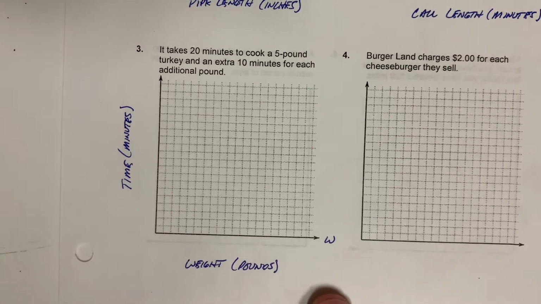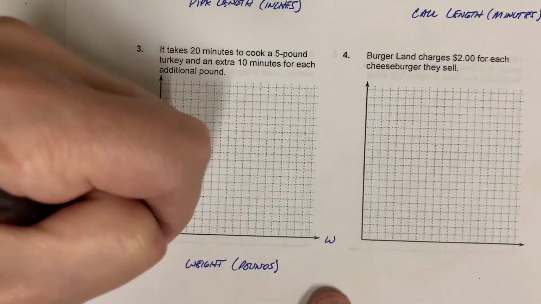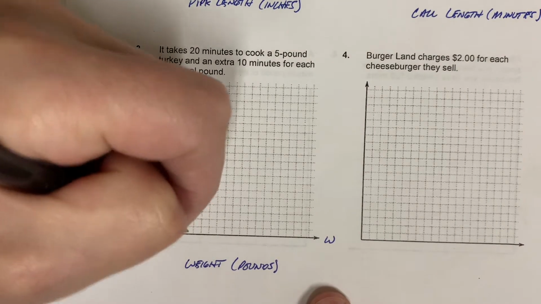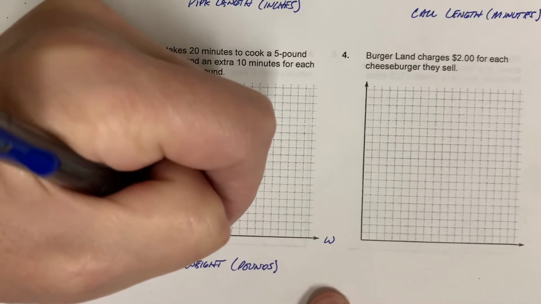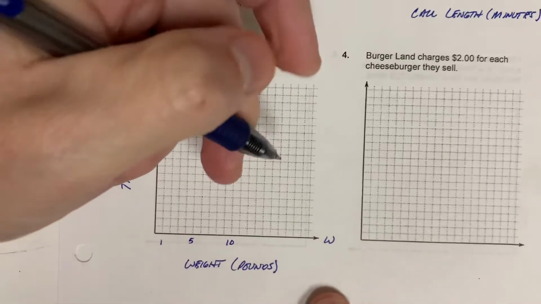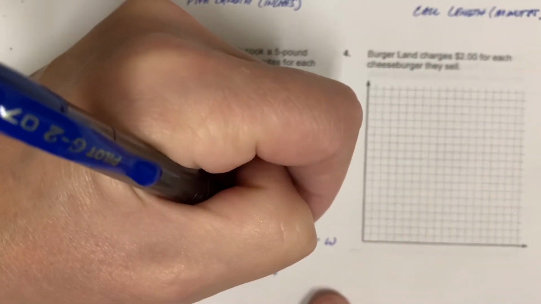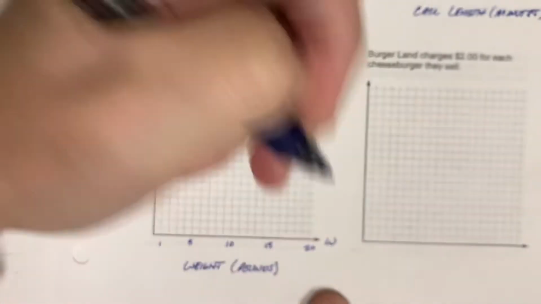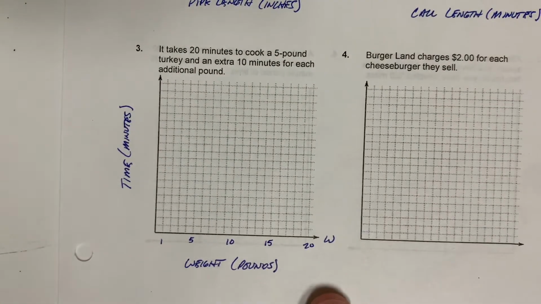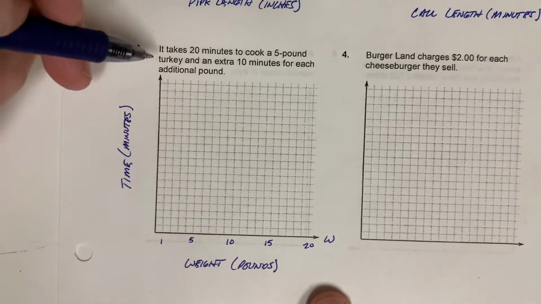All right, so we're going to label these. So we'll go by ones again down here. 1, 2, 3, 4, 5, 6, 7, 8, 9, 10, 11, 12, 13, 14, 15, 16, 17, 18, 19, 20. And for our times, we'll go by 5 minutes each time.